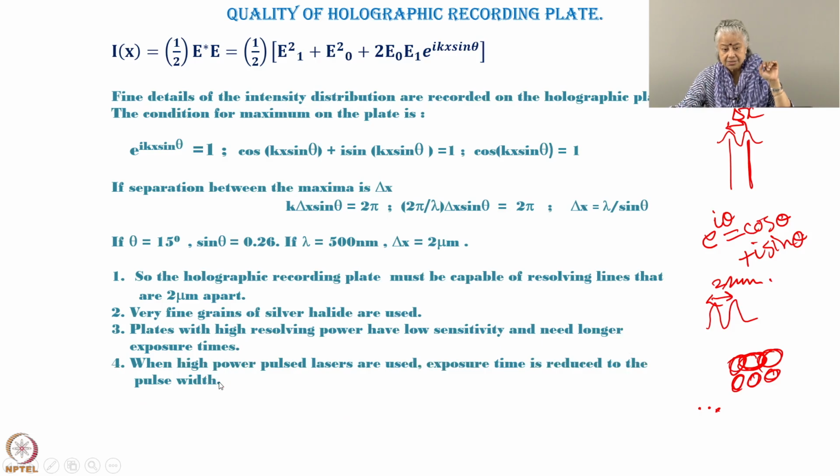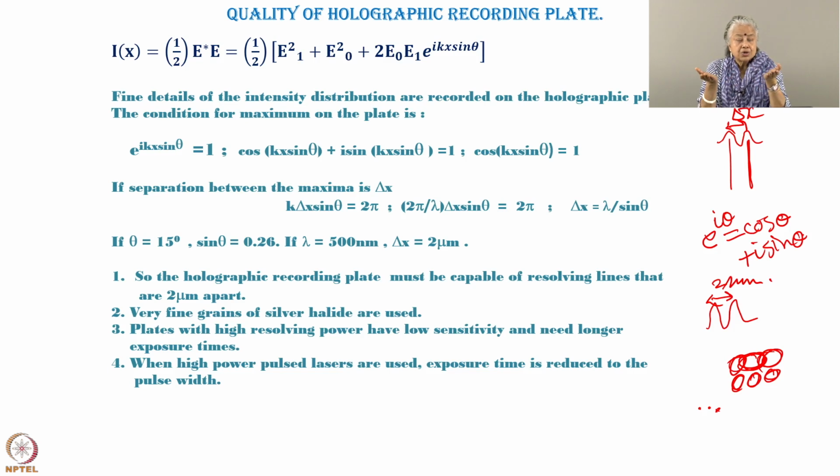That you can understand. You just give a pulse of light instead of a continuous wave. Till now we have spoken about the wave front which is going through. We haven't said anything about pulse or continuous wave. We've imagined it to be continuously there all the time.